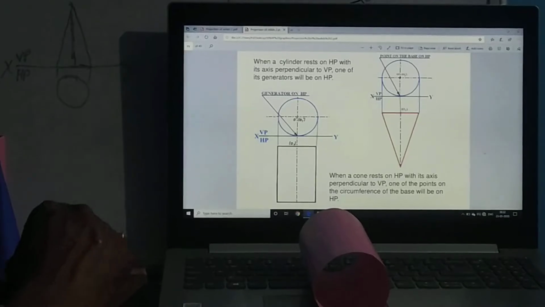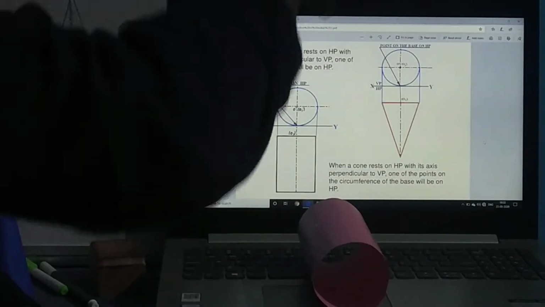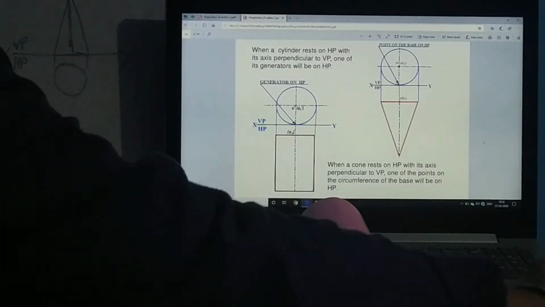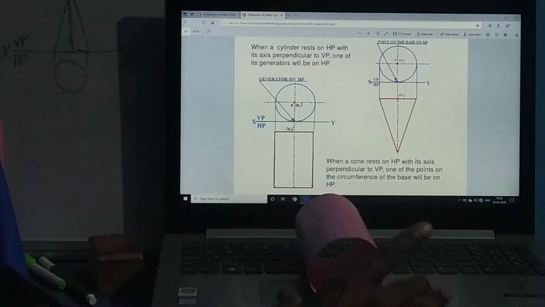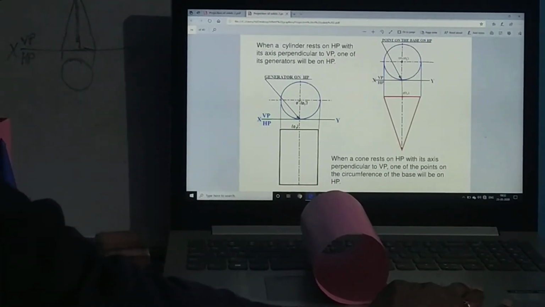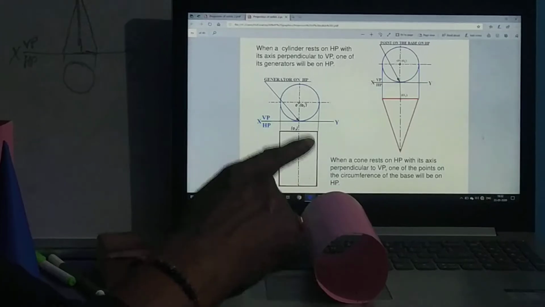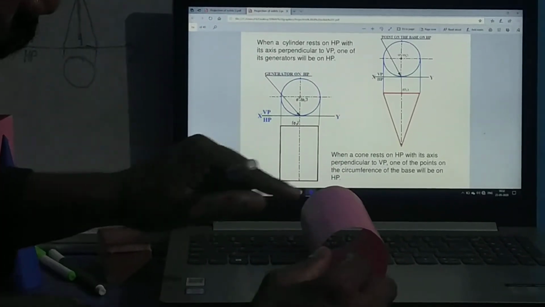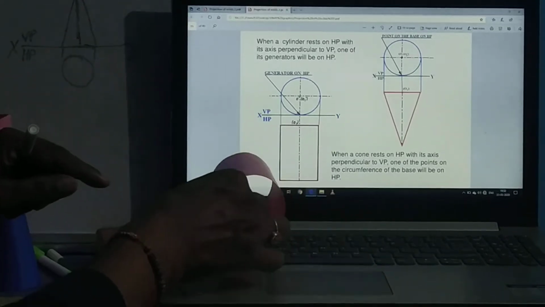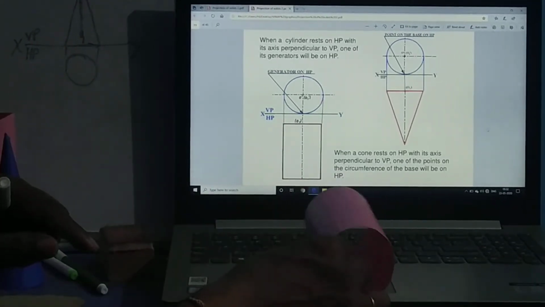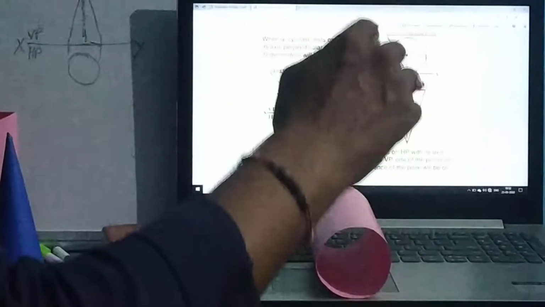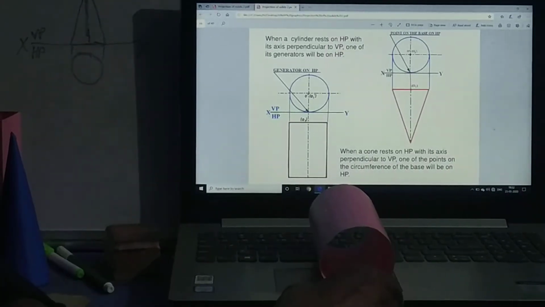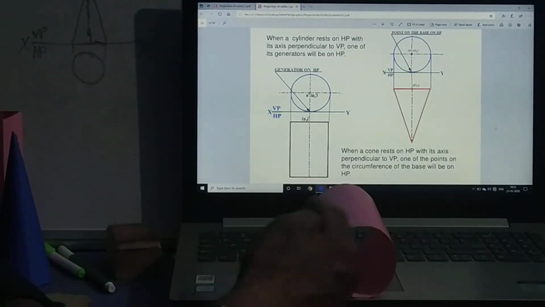In this case, when we view from the top, this is the HP plane, we will get a rectangular shape on this HP plane. And when we view from the front, we will get this circular shape on the vertical plane. So we know that on HP we will get a rectangle, and on VP we will get a circle.